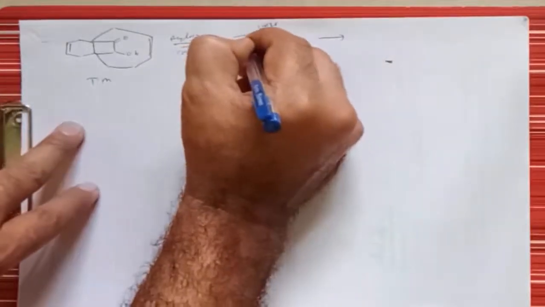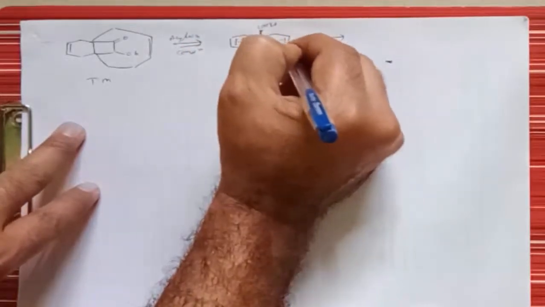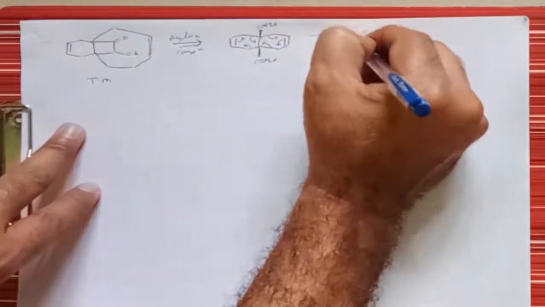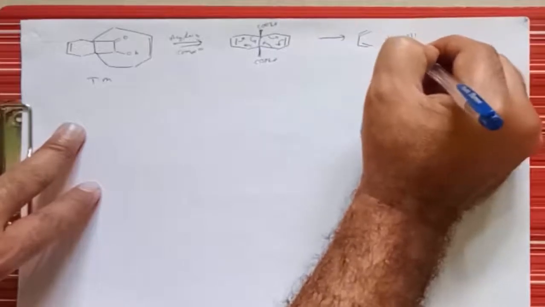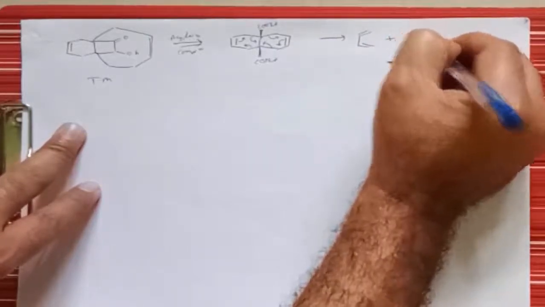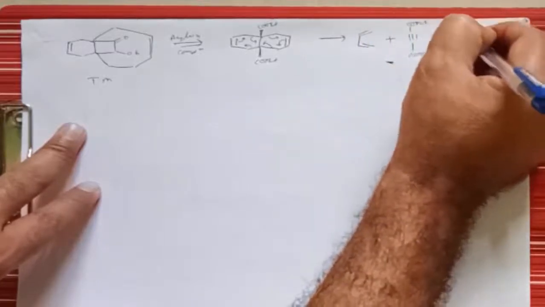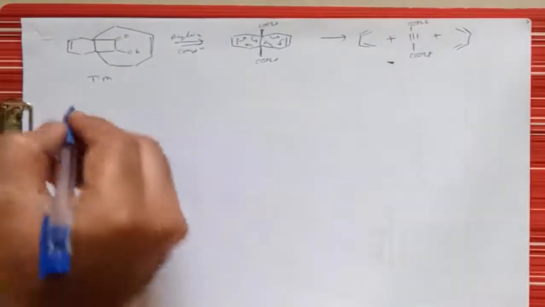In a cyclic system we can go for the retro Diels-Alder reaction, right? So it gives formation of 2 molecules of butadiene, plus it gives formation of such type of ester, COOEt, plus it gives formation of a 1,4-butadiene, right?